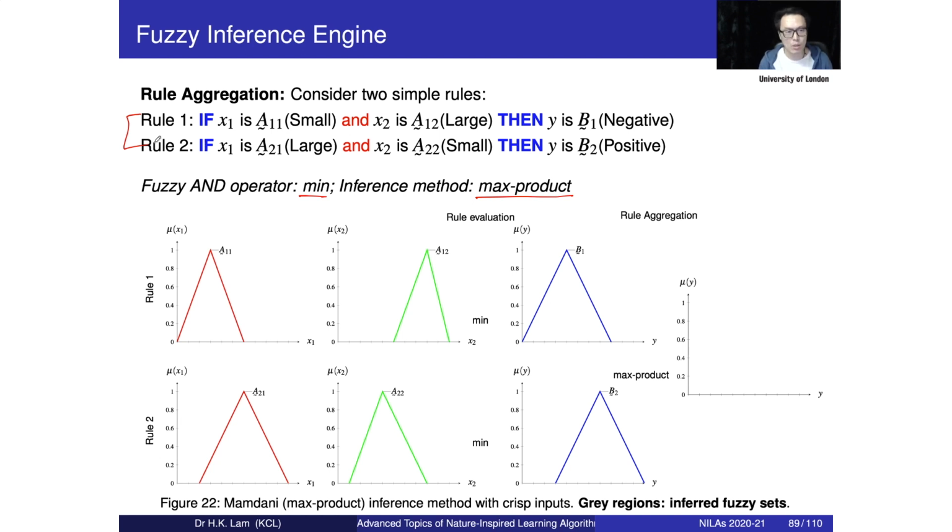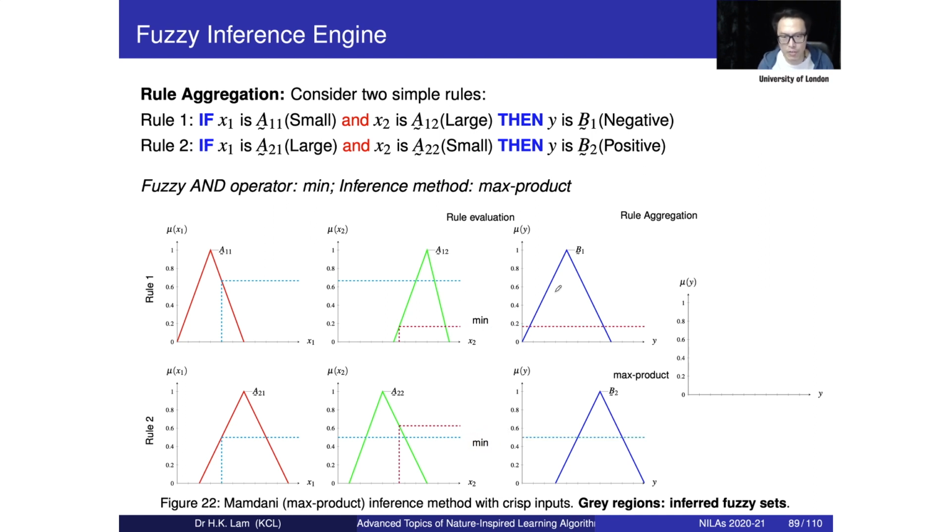So we just follow the same logic, get the input, and then find the membership grade for x1, get the input for x2, and then find the membership grade at the intersection point of the green membership function. And now I'm going to do the rule evaluation, because we use the min operator.